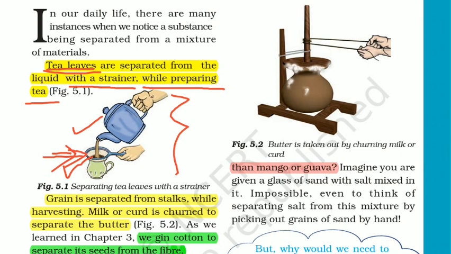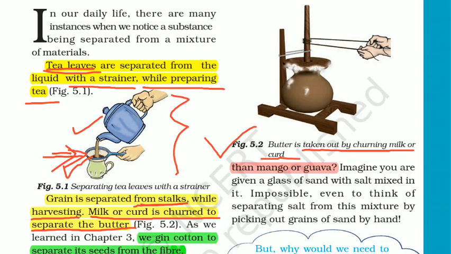Similarly, grain is separated from stalk while harvesting. Similarly, milk or curd is churned to separate the butter. Here we have an example of butter making. Butter is taken out by churning the milk or curd.